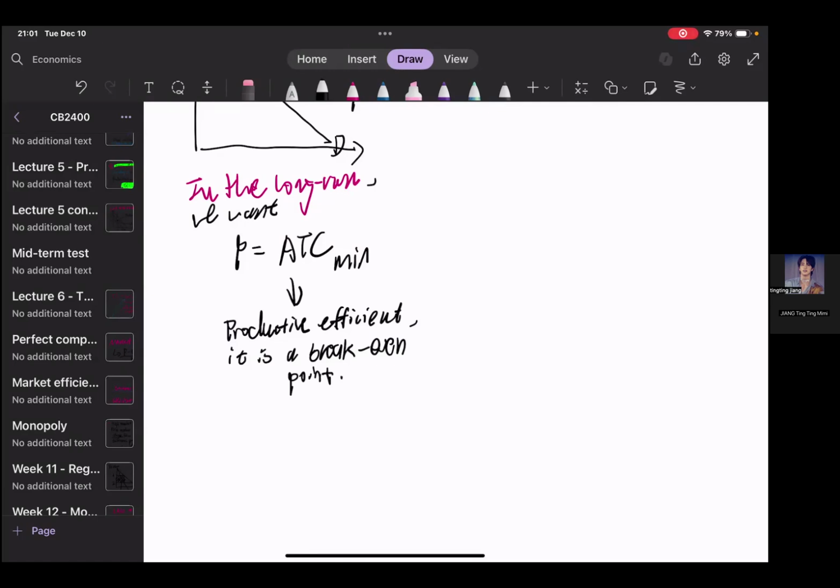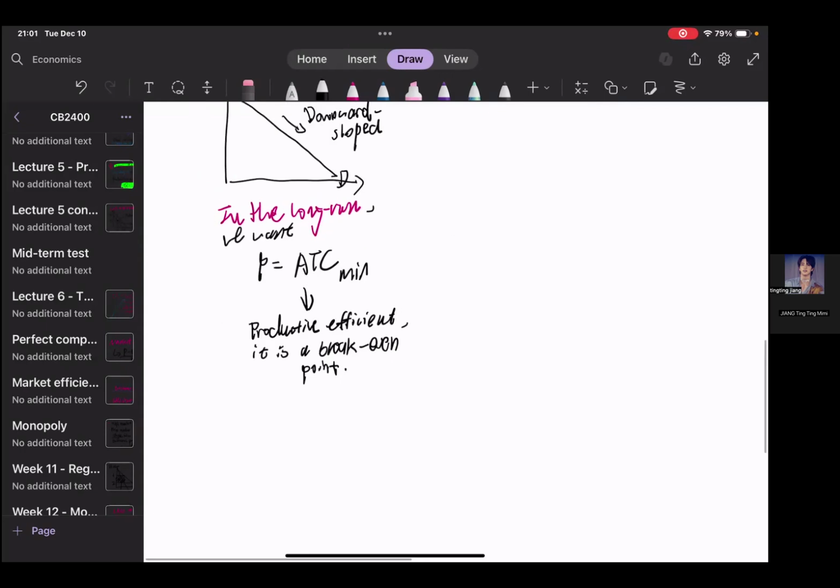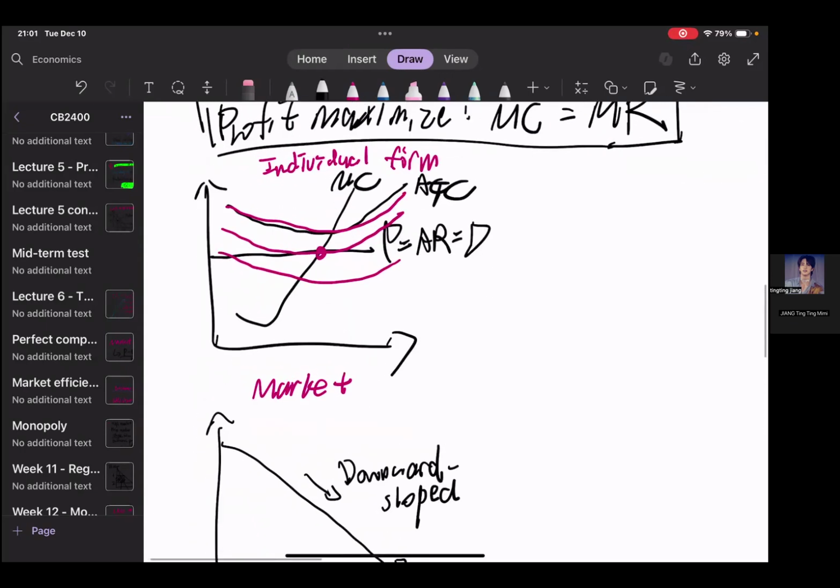Break-even point basically means the firm is not making any economic profit, but it just got sustainable and favorable revenue to let it keep on producing in the market.